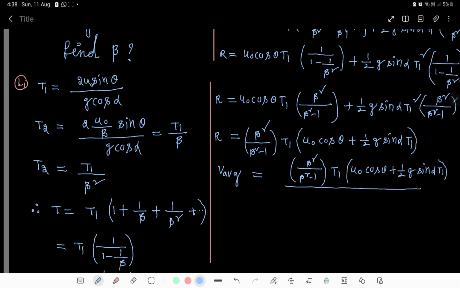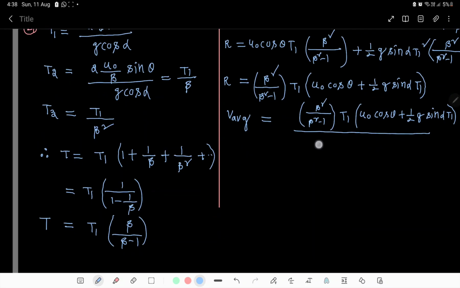The total time can be written as t1 into beta by beta minus 1. So this t1 gets cancelled, and this beta and beta get cancelled.